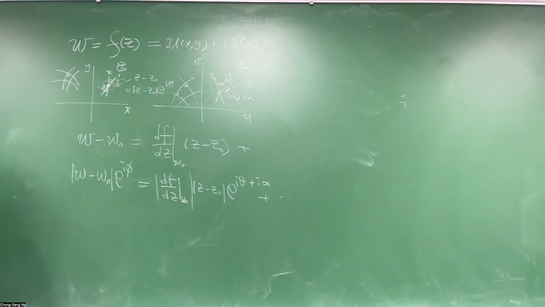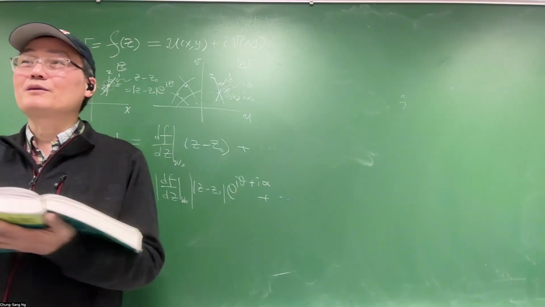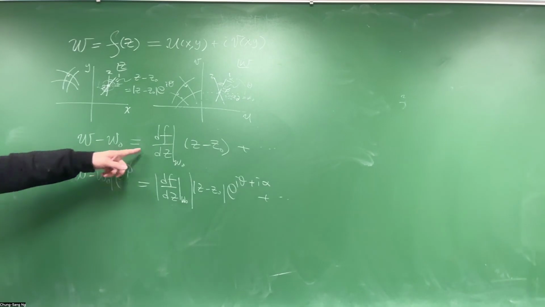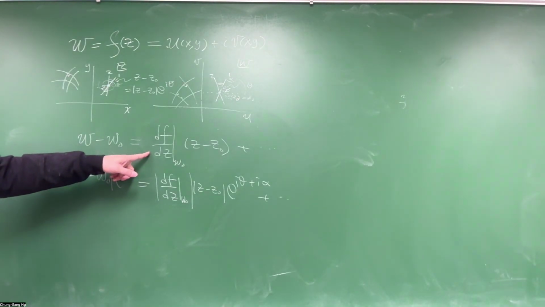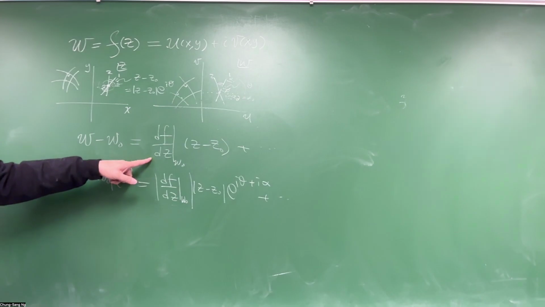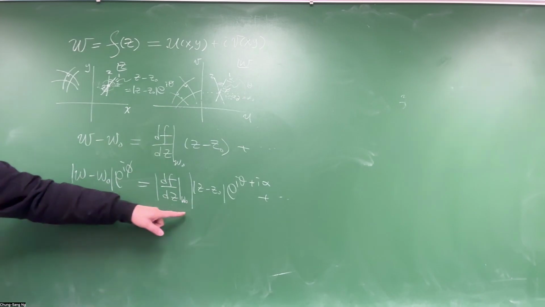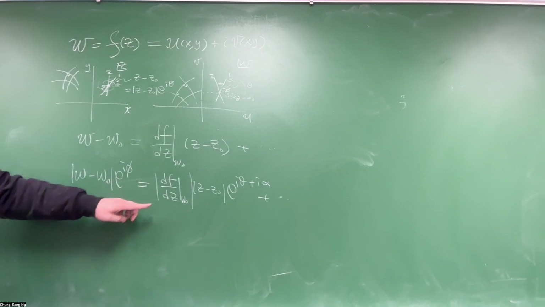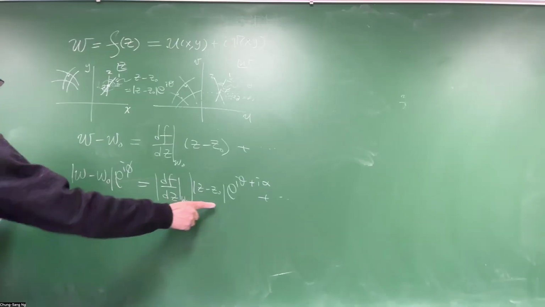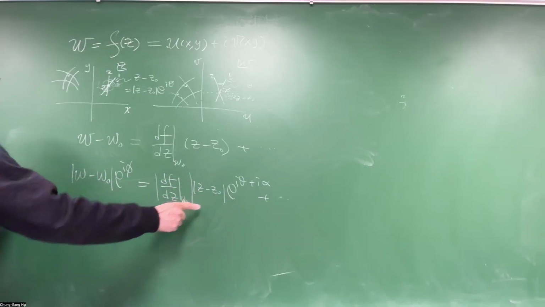But that's only around the point where the derivative is 0, right? The derivative being 0 at a point is still fine, since the function is still analytic. But the second case is when the derivative is not 0, or the function is not analytic or is singular. Usually the derivative goes to infinity, so the scaling factor, the magnification, goes to infinity.